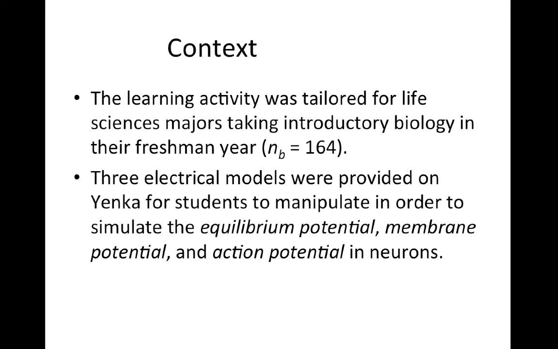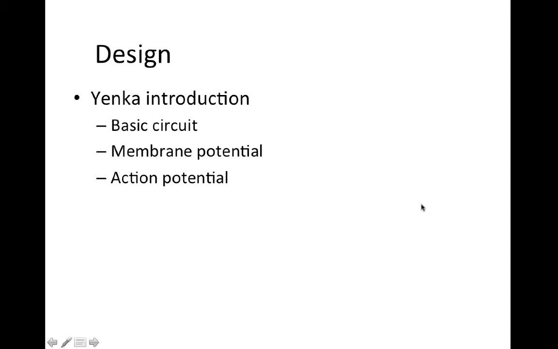There were three electrical models used to understand equilibrium potential, membrane potential, and action potential. But in this presentation, we only show you the basic resting membrane potential and action potential in the neurons. Derek will show you the basic circuit, while Jean will show you the membrane potential and action potential.